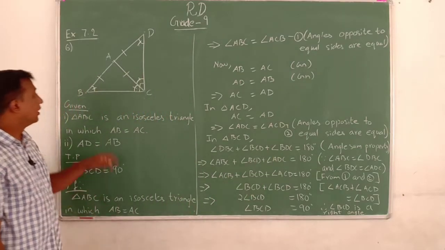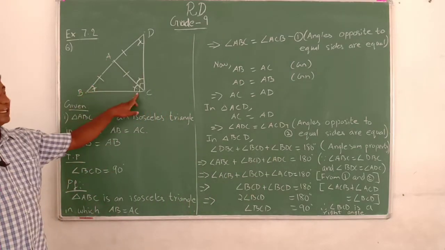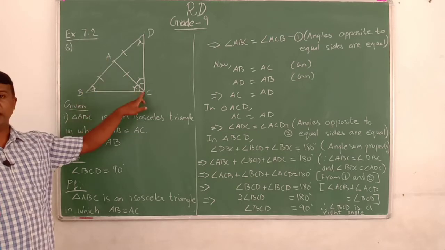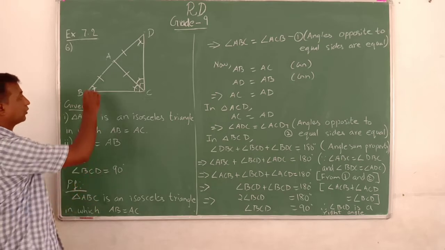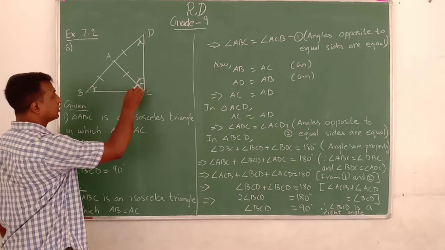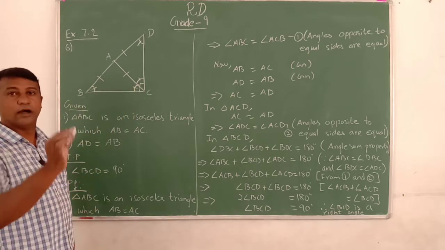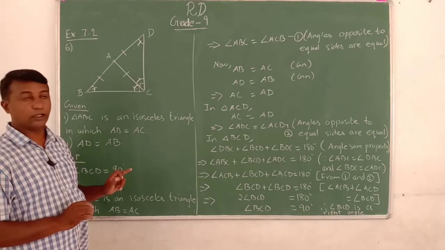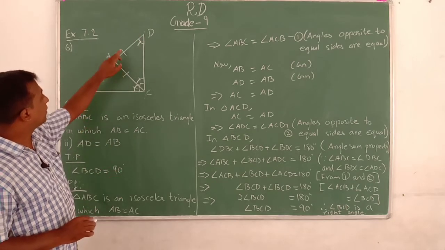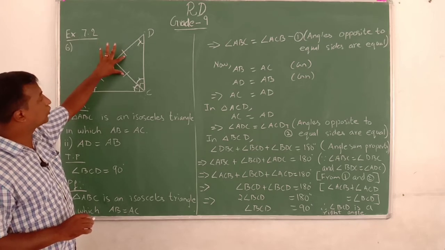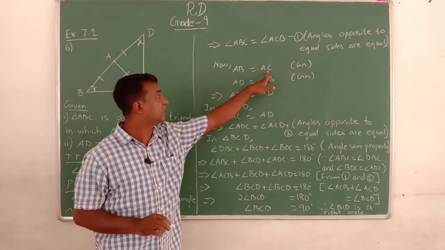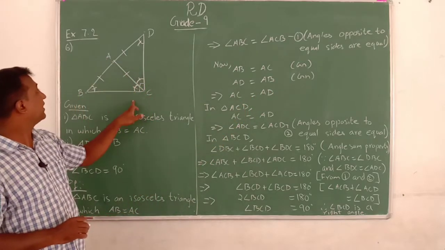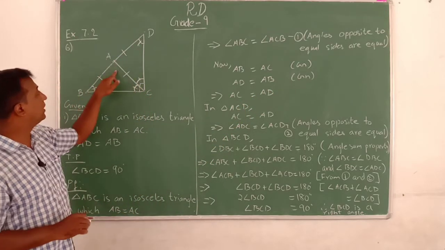I'll just give a recap. See here, it was given that triangle ABC is an isosceles triangle where AB and AC were equal sides. From that we concluded that opposite angles also will be equal, and AB and AD were equal. So from AB equal to AC and AD equal to AB, I concluded that AC and AD also will be equal.